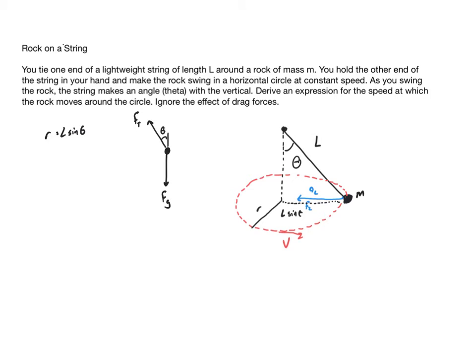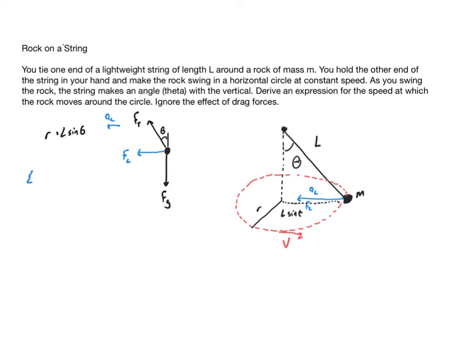I'm going to draw my theta here. And a really important piece of this is, remember, the centripetal acceleration is directed inwards. So I'm going to draw my arrow over here, a sub c, which means the centripetal force is also directed inwards. So there is a net force on the rock.